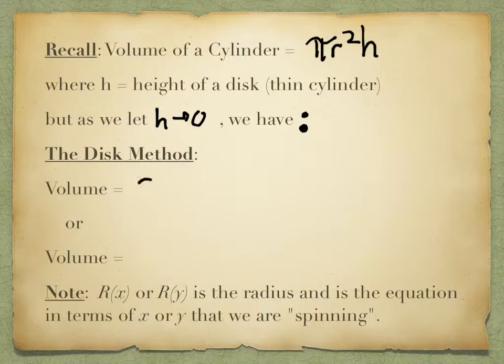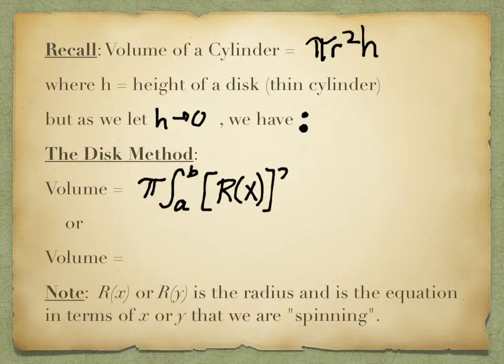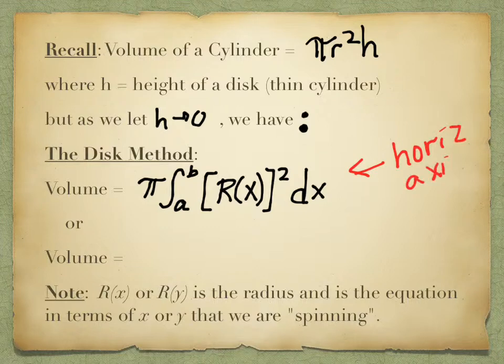So the volume is going to be pi times the integral from a to b. And he wrote each of these at different points. One of them is that r of x squared dx. So if you have something that you are rotating around a horizontal axis, so you might want to jot a note to yourself that this is what we're going to be using with horizontal lines or horizontal axes of rotation.